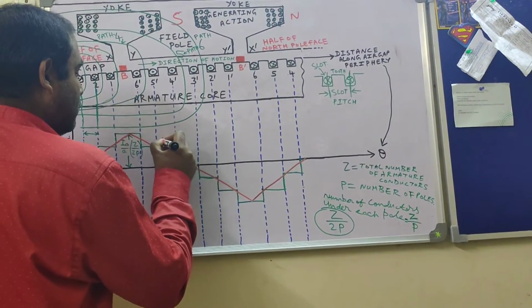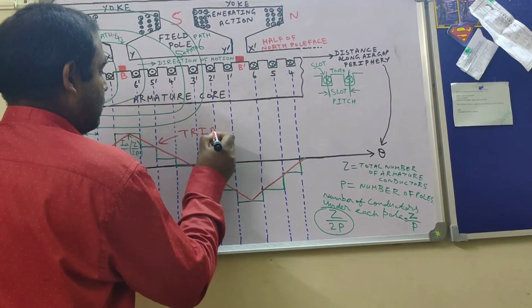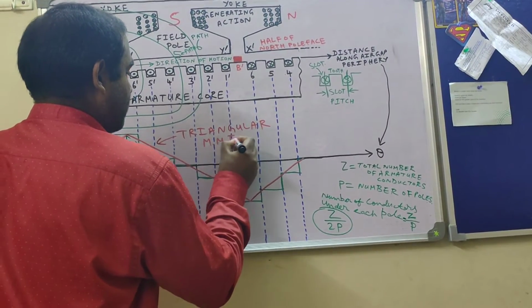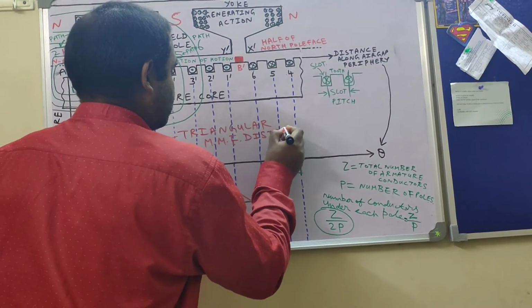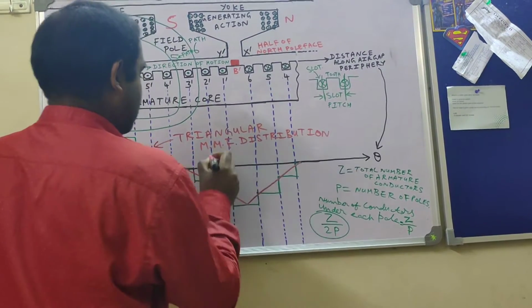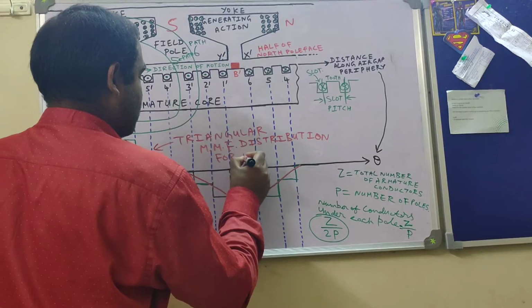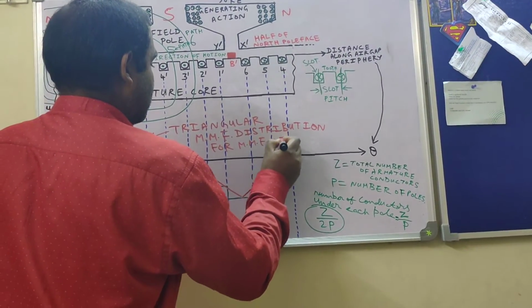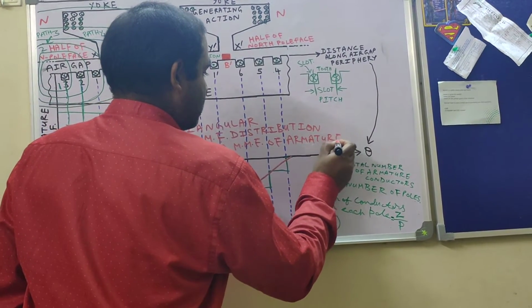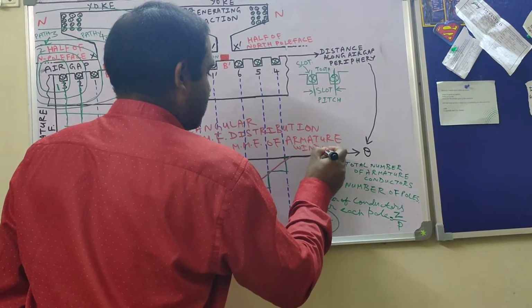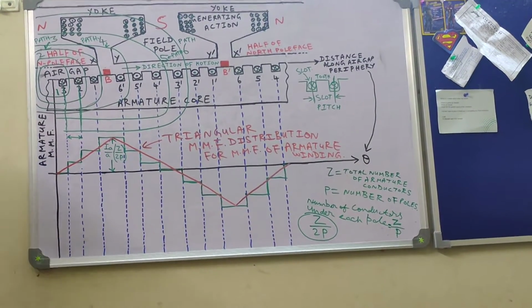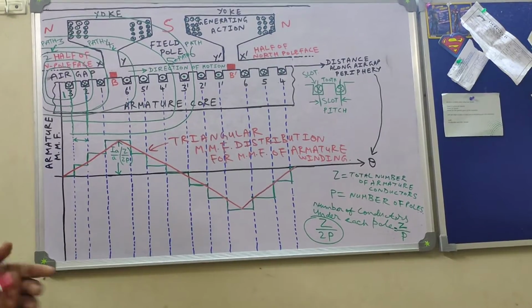So we say that the MMF distribution of armature winding in a DC machine is triangular in nature.